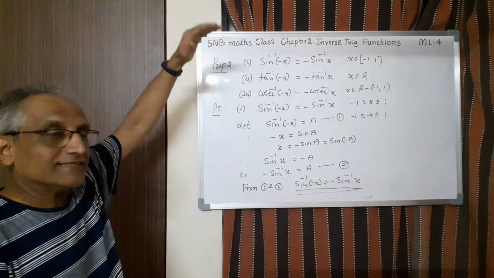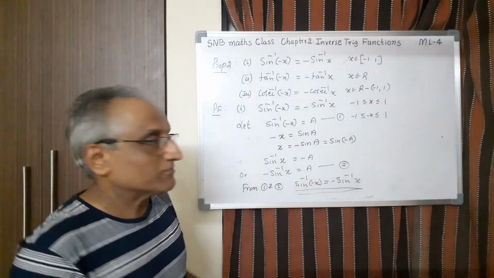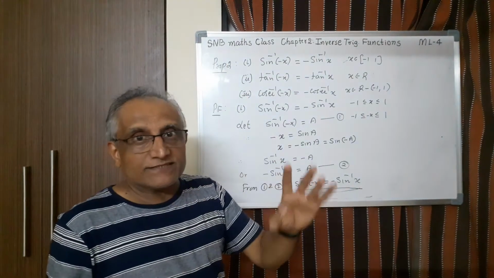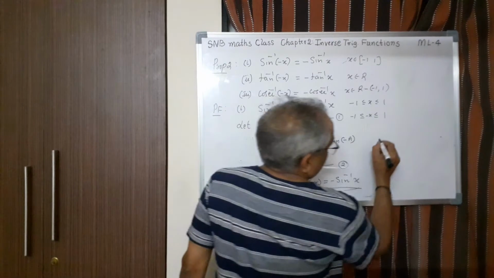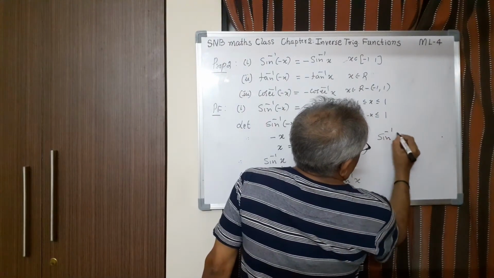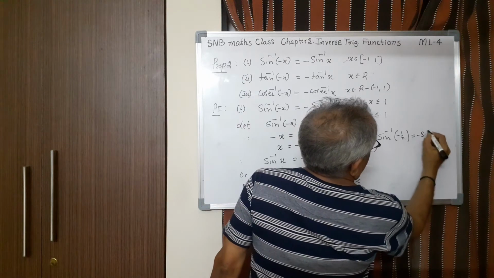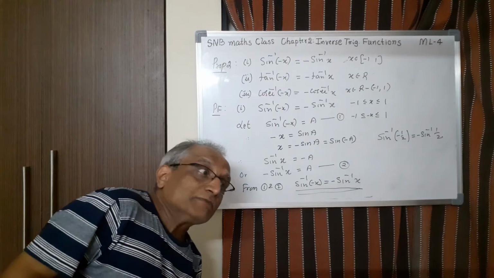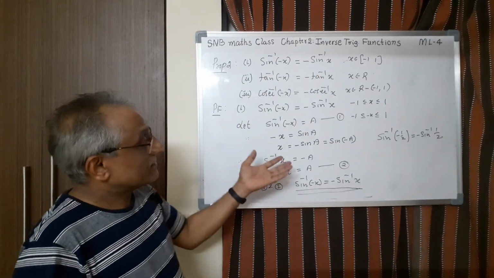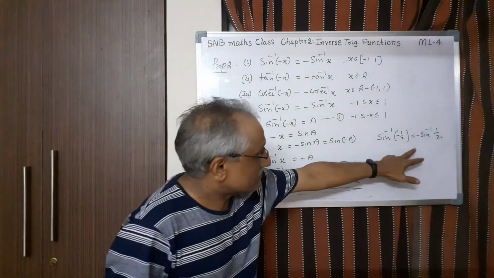So first set 3, second set 3, totally 6 properties, but we don't call it as 6 properties. One set 3 properties, another set 3 properties. Say for example, if you want to write sine inverse of minus half, I can write minus sine inverse half. So if you use this property, finding the principal value of a given inverse trigonometric function becomes very simple. So this is the meaning actually.